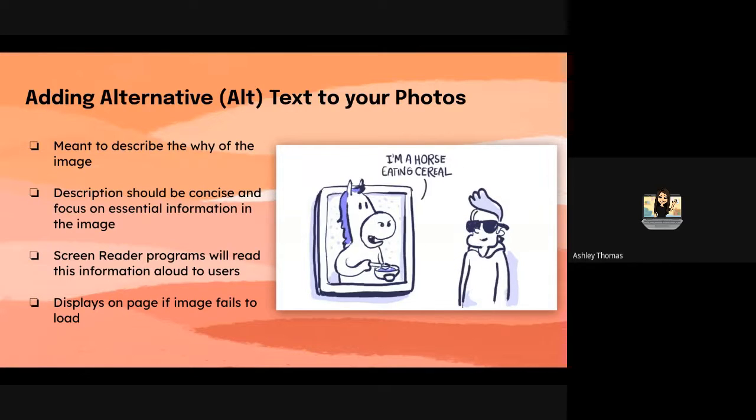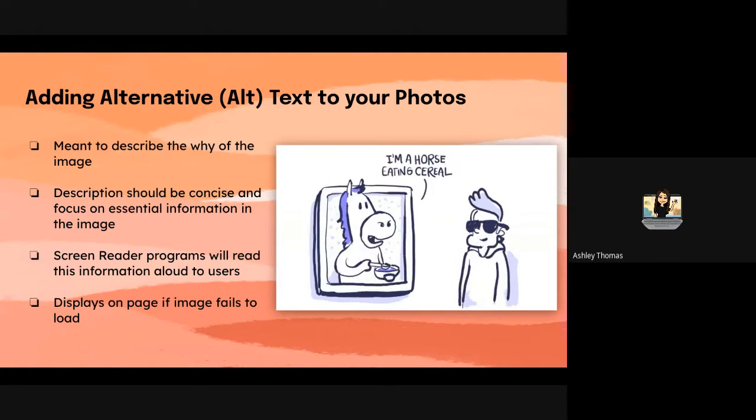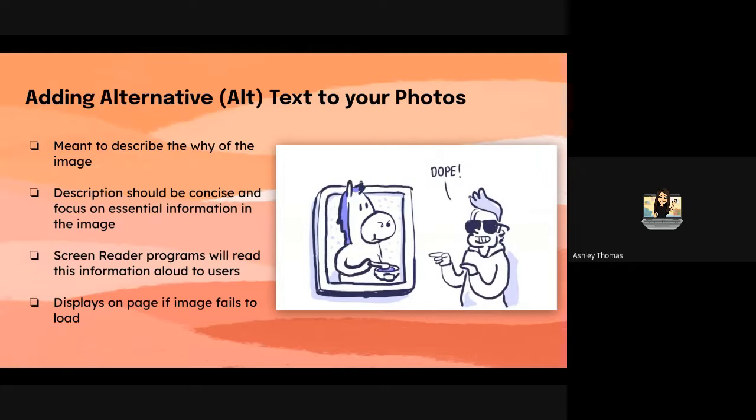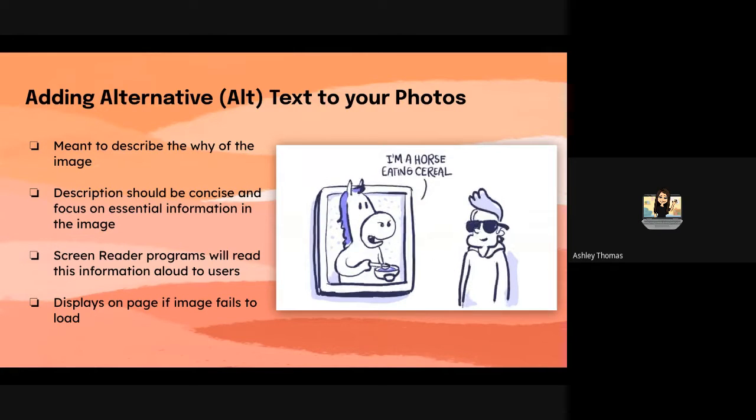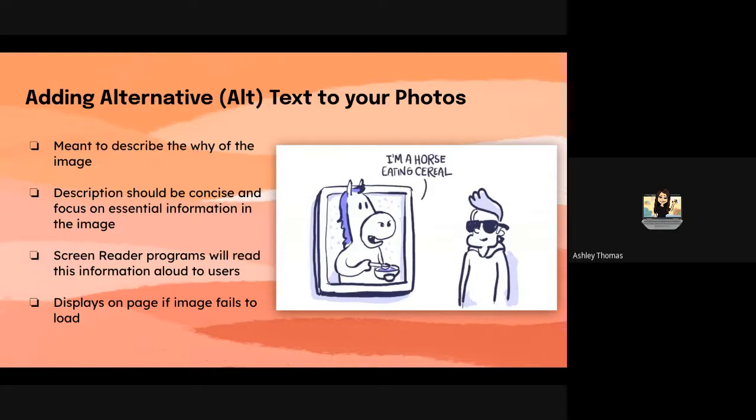So again, if you have a person who is visually impaired and they can't see that image on the screen, the screen reader program is going to look to see if there's any alt text. And if there isn't, essentially what's going to happen is all your visually impaired user is going to hear for that image is the word image.